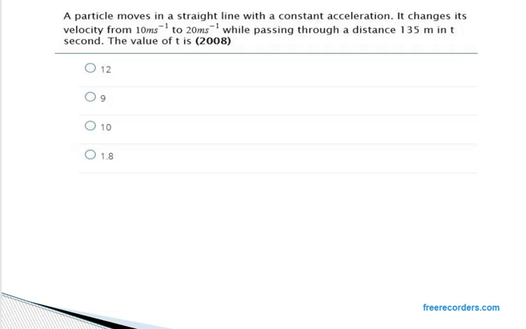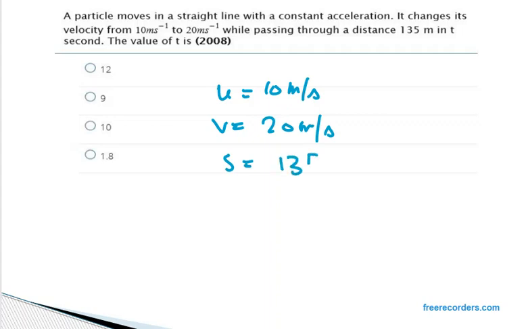So it is actually initial velocity, that is u 10 meter per second, v 20 meter per second, s is given, that is 135 meter. Now we need to find t. For finding t, we should have a. So first of all, we need to use this equation, v square minus u square is equal to 2as.